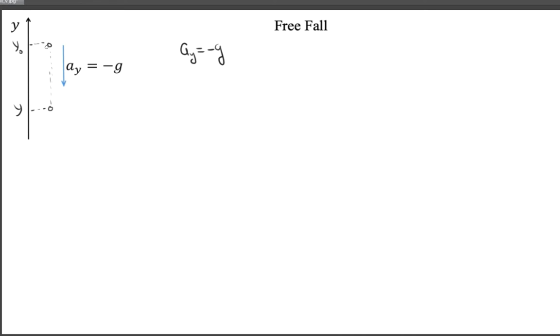Again, this initial position corresponds to time t0, and the final position here corresponds to a time variable t.